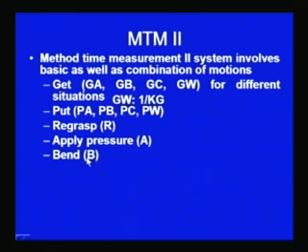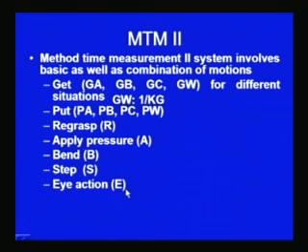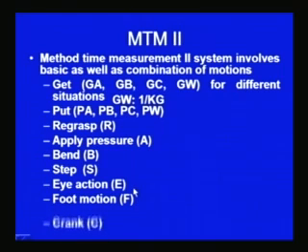Bending is about moving forward and bending in a downward direction, represented by the letter B, and a step is about moving the foot more than 30 centimeter, so that the trunk and the head also go forward, while eye action is about changing the axis of vision from one position to another, and foot motion is about moving the leg for a distance less than 30 centimeter without changing the body position.